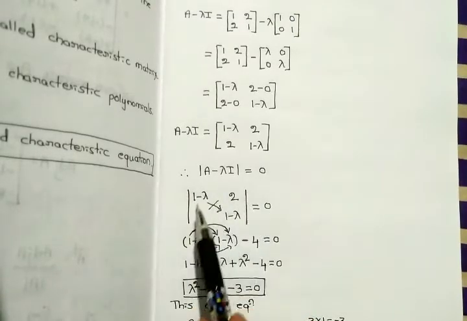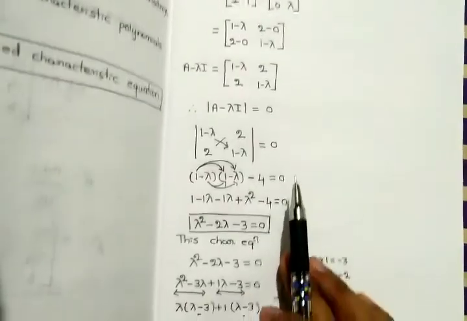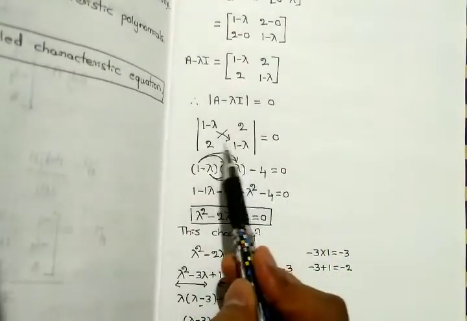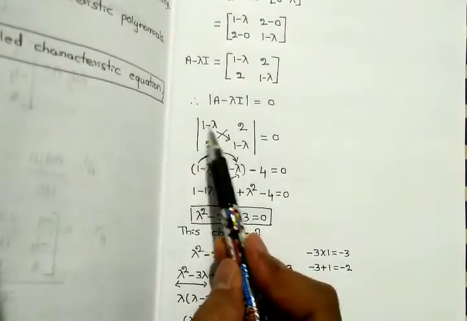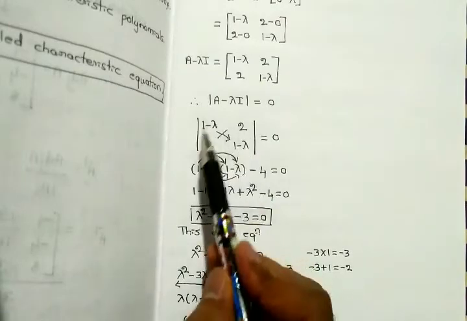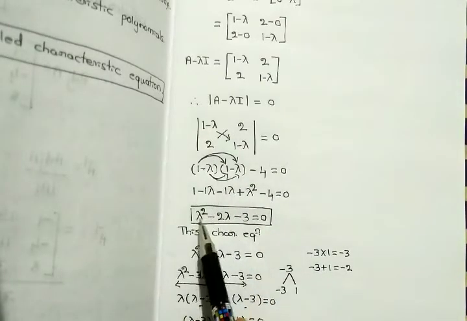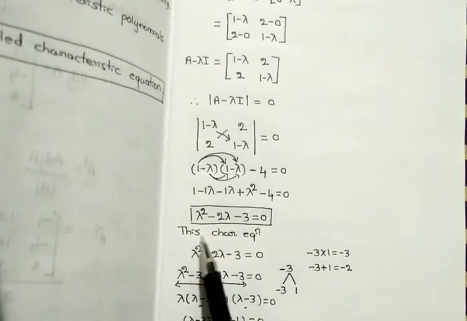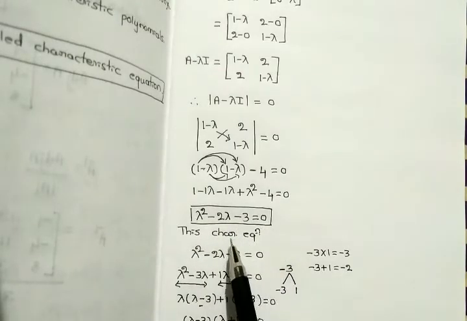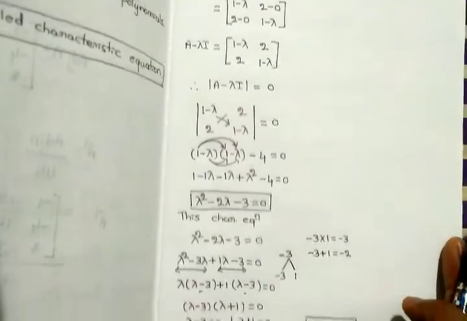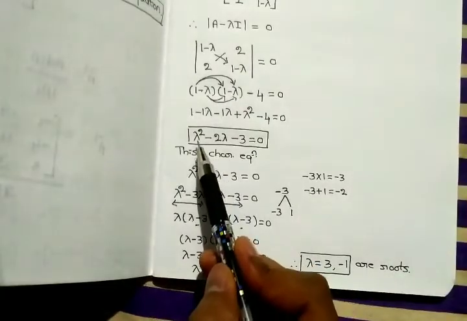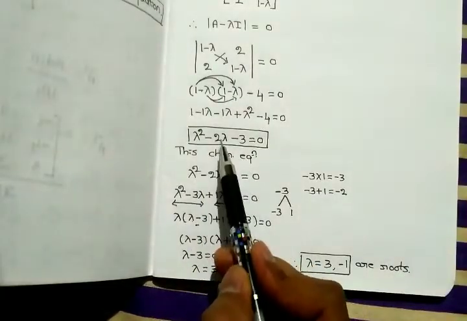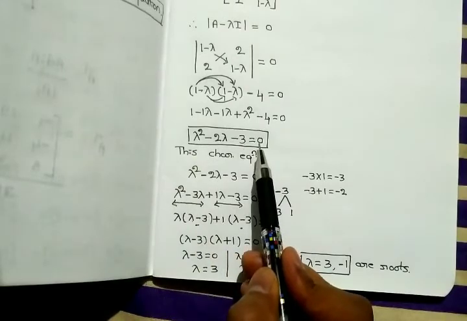Next apply the second order determinant rule, that is cross multiplication with negative sign. Once we apply the second order determinant rule, we get one equation. That equation is called the characteristic equation. The characteristic equation always comes in the form of ax square plus bx plus c is equal to 0.